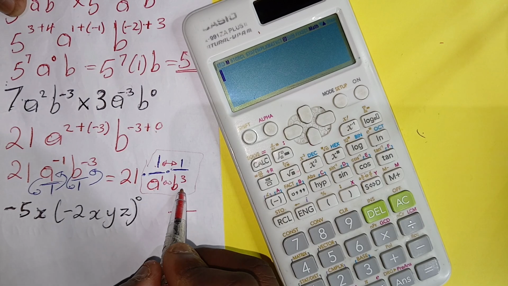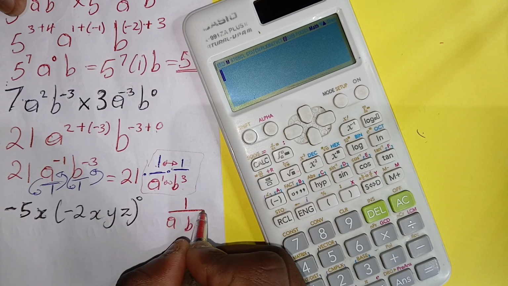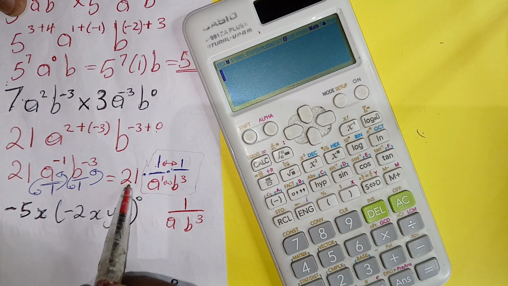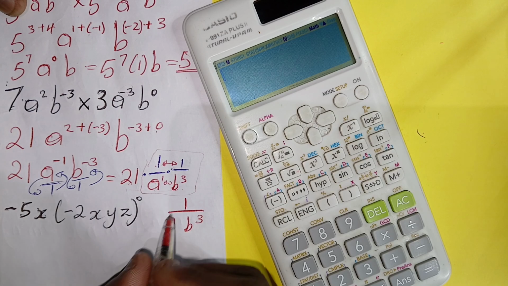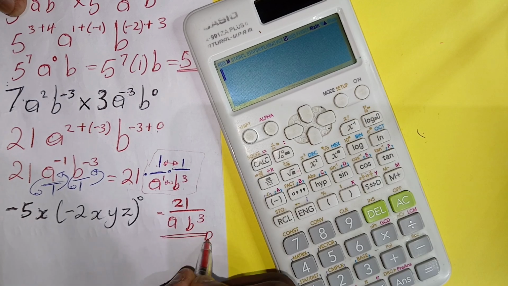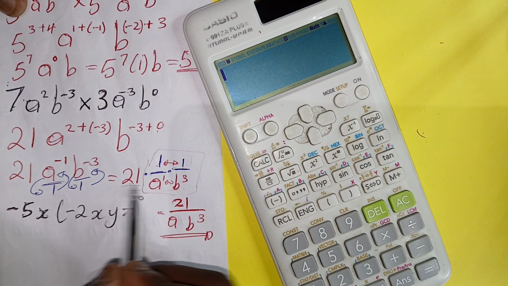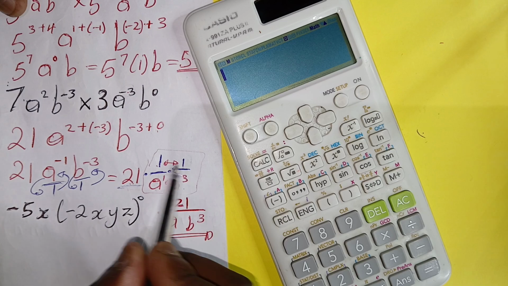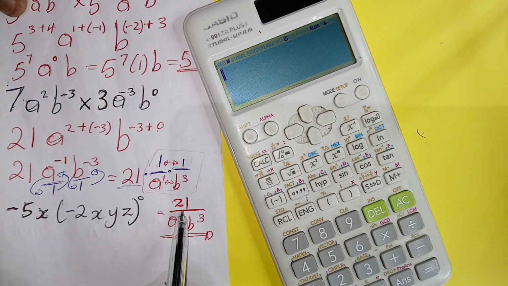And a multiplied by b, it will be just a, b, 3. Do you see that? Yeah. And this number again now, when you multiply it to this thing, it will go upwards, it becomes the 21. So this one will be your final answer. Because anything which is not a fraction, when you multiply it to a fraction, it goes upwards, becomes like that.